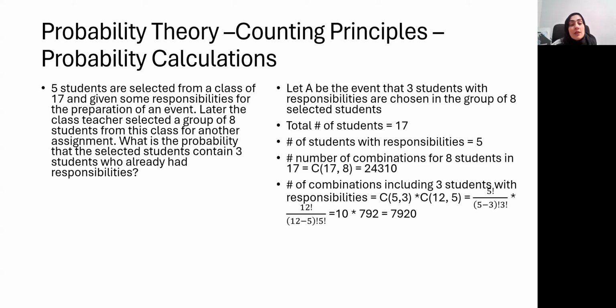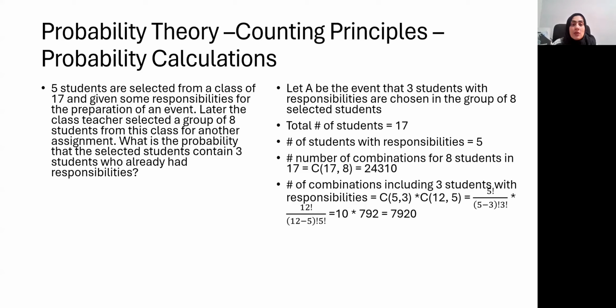Here we know that there's a small group, 5 students, a subgroup from the 17 students who have this desired characteristic of having the responsibilities already given to them. So this leaves 12 other students who did not have responsibilities. So we have 2 subgroups in this pool of 17 students: 5 are the ones which possess the desired characteristic and 12 who do not.